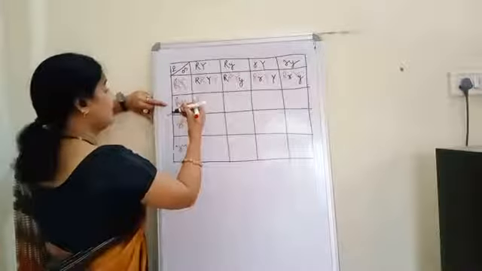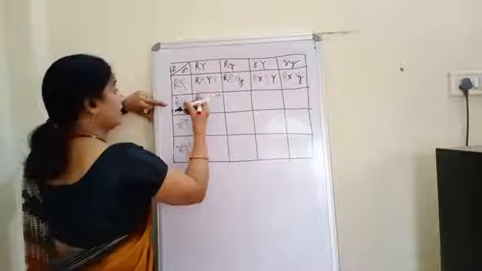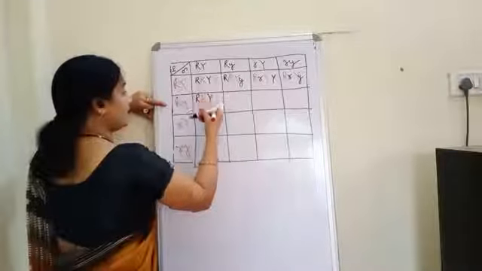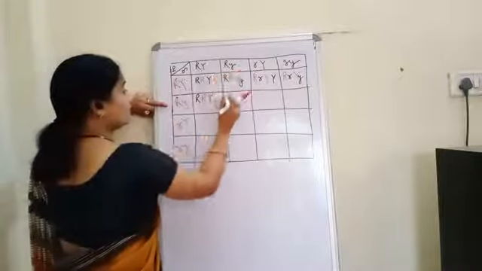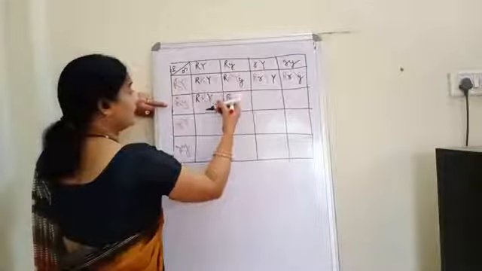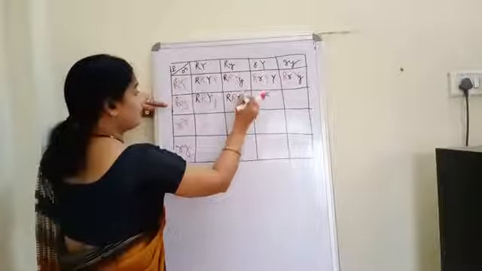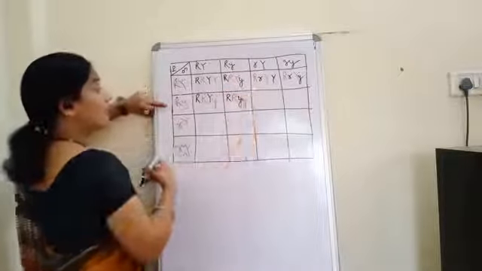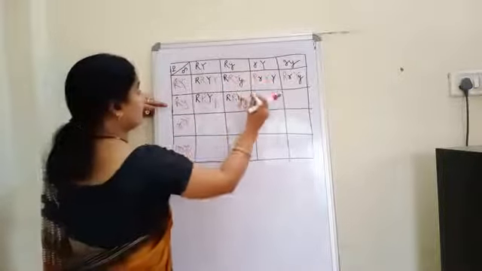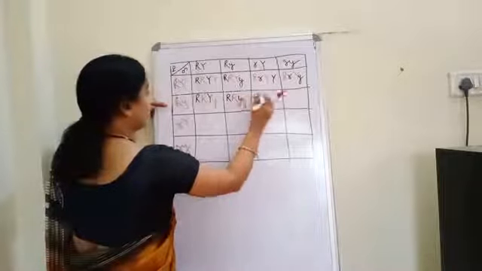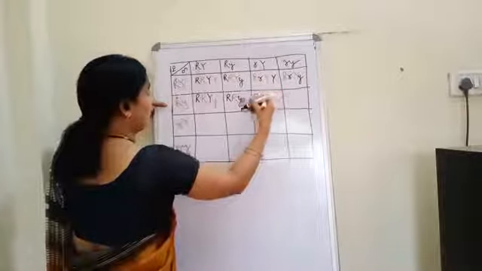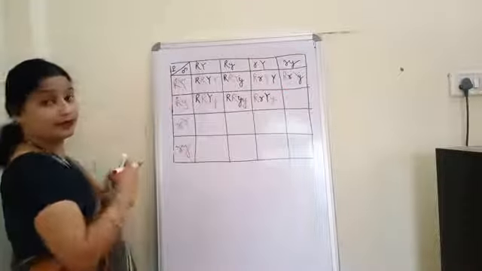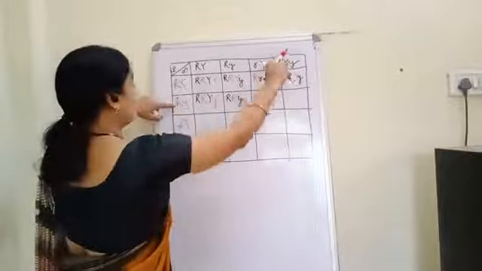See the second one. Capital R, then capital Y, small y. This with this: capital R, small y, and with red, small y. See the next: capital R, small r, capital Y, small y. Clear? This with this.